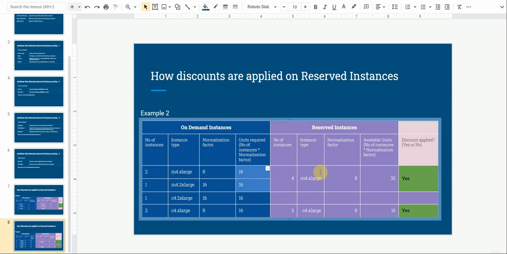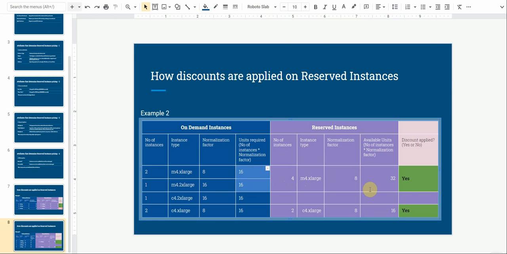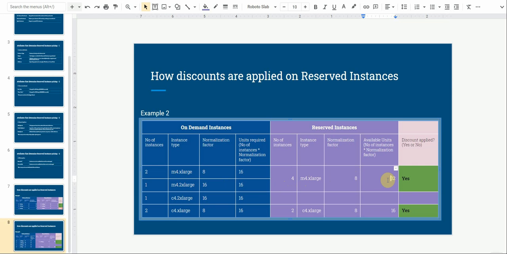Here we have purchased M4X large. Considering the normalization factor, 4 into 8, we have available units as 32, which means we have 32 units of M4. Here the requirement is 32 of M4. We have available units of M4 as 32, which is why we are having 100% discount applied.